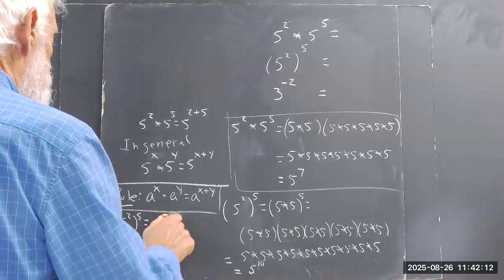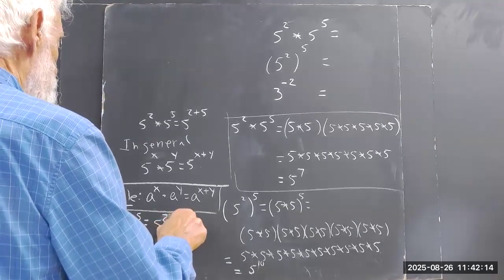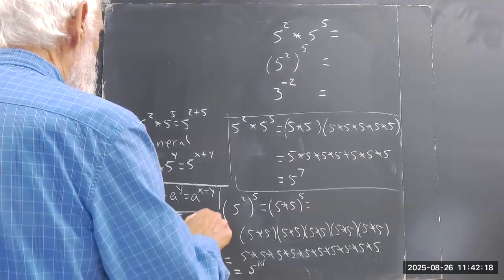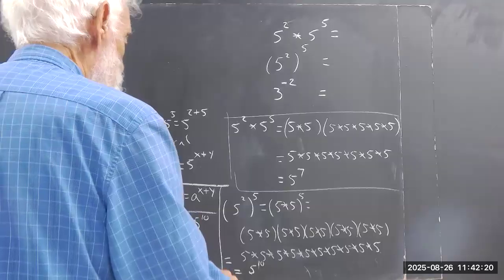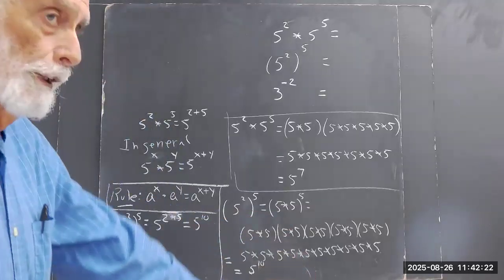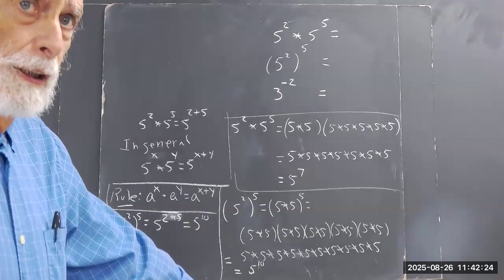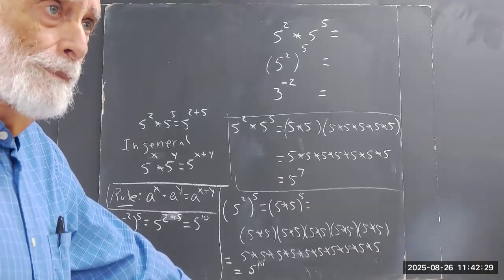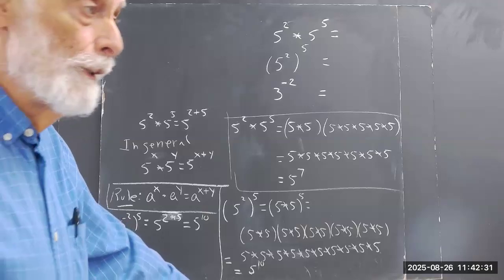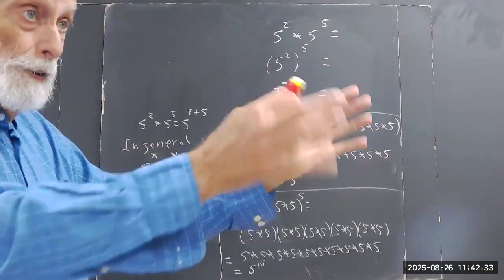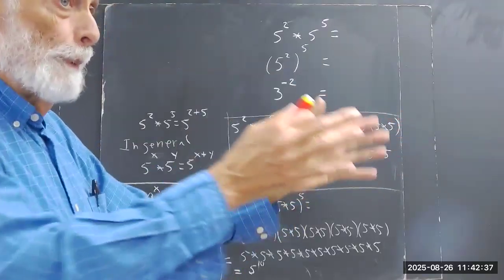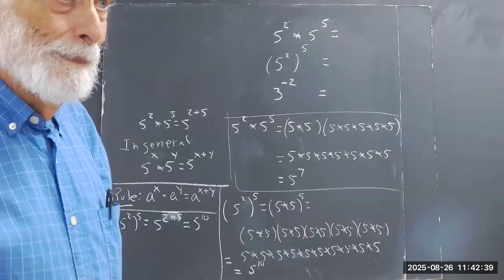I'm going to write 2 times 5 because we did the 2 kind of first. We debated about that and then made the wrong decision. Anyhow, that's 5 to the 10th. So you don't have to write it out like this, but you should always visualize it. If I tell you 5 to the 4th to the 36th power, you can imagine 5 to the 4th, 4 5s in a group, and then you can imagine 36 of those.